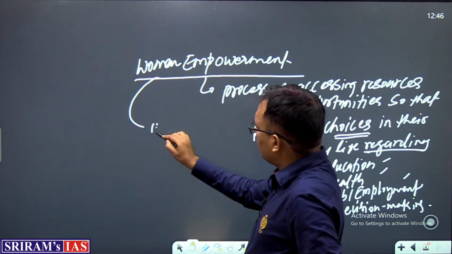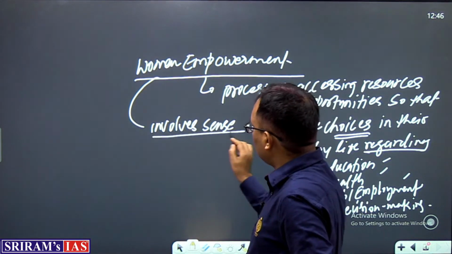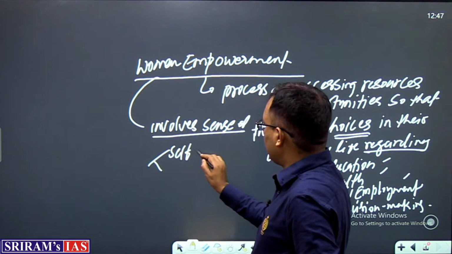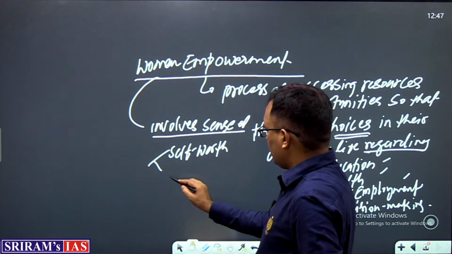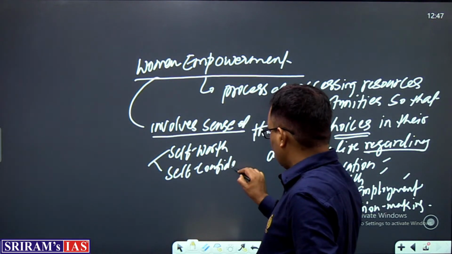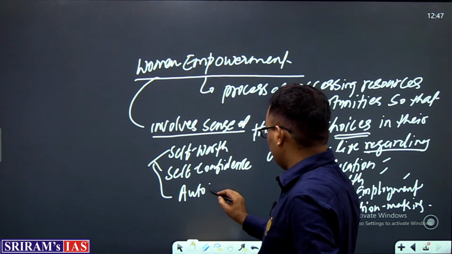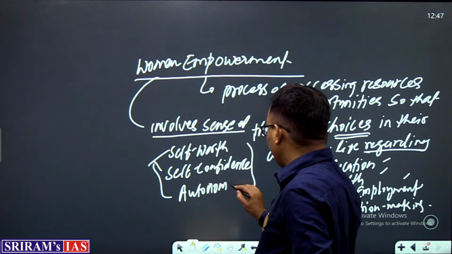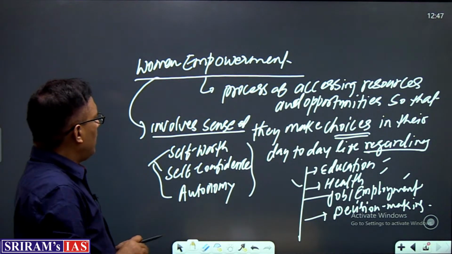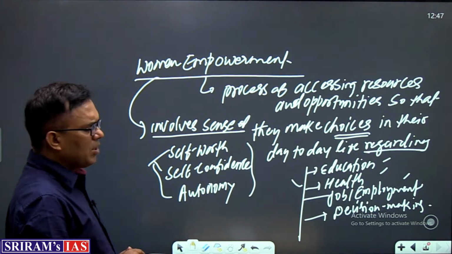It also involves a sense of self-worth, a sense of self-confidence, a sense of autonomy. These are very important. When we talk about gender equality, we are supposed to mention these words: it also involves a sense of self-worth, self-confidence, autonomy on the part of women.